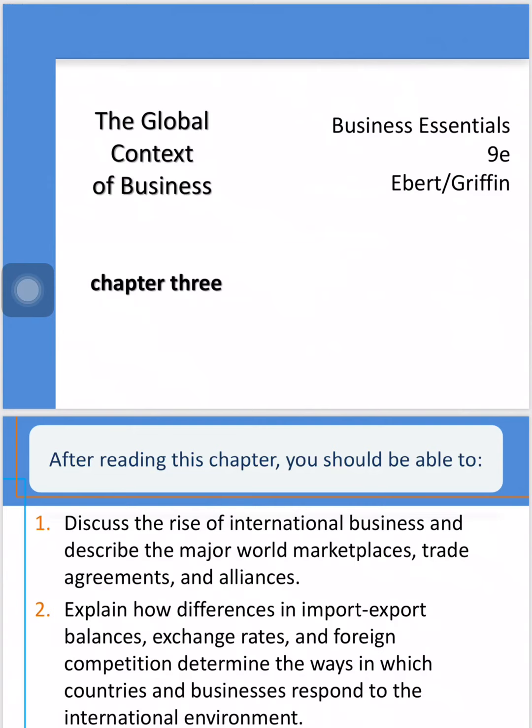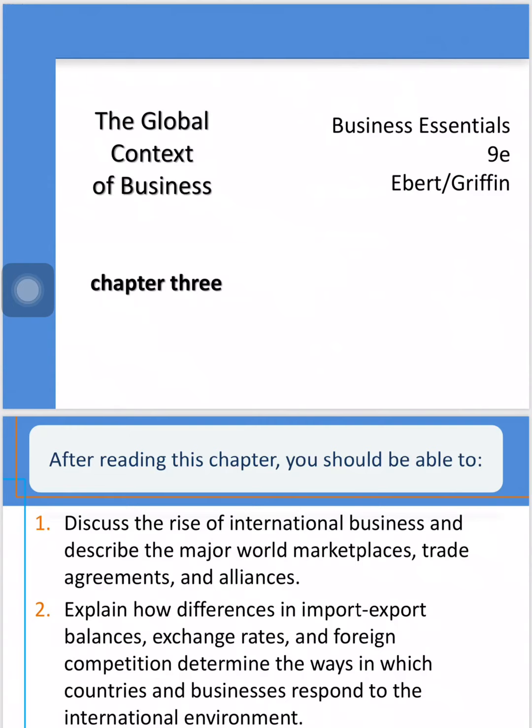Today I'm going to move to chapter 3, which is the global context of business. In this chapter, we will discuss the overall dynamic nature of international business and how it is shaped by social, cultural, economic, legal, and political differences among nations. We will look at the rise of international business and describe the major world marketplaces, the trade agreements, and also the alliances.